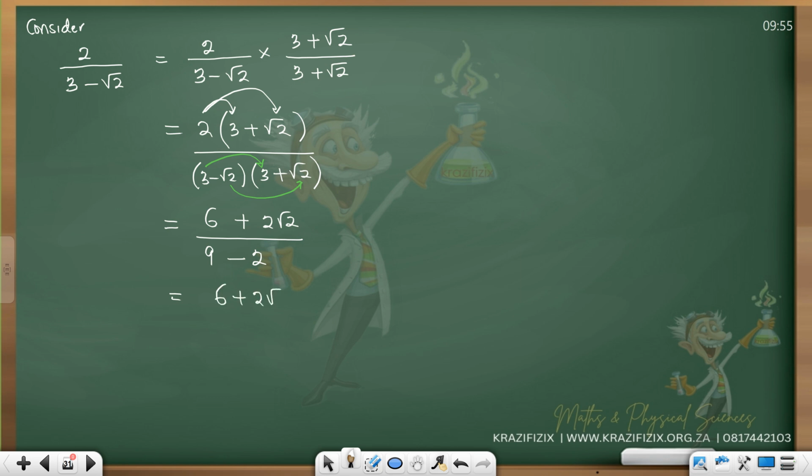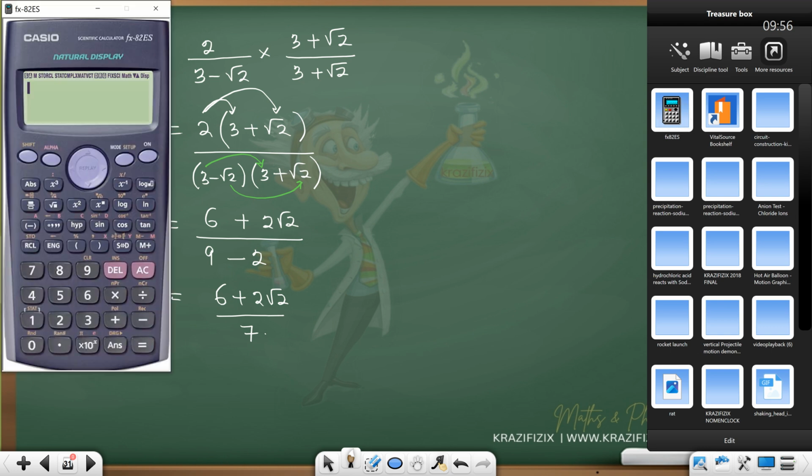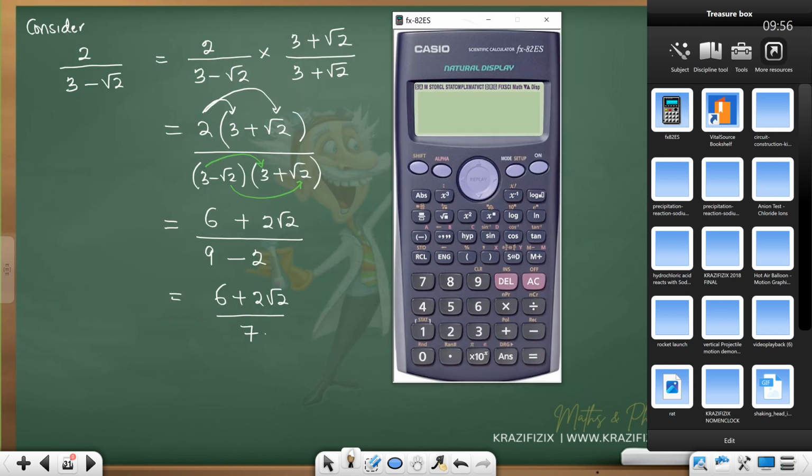That is how my calculator got the 7. Let me compare my answers again. That is how my calculator got the 7. Beautiful.